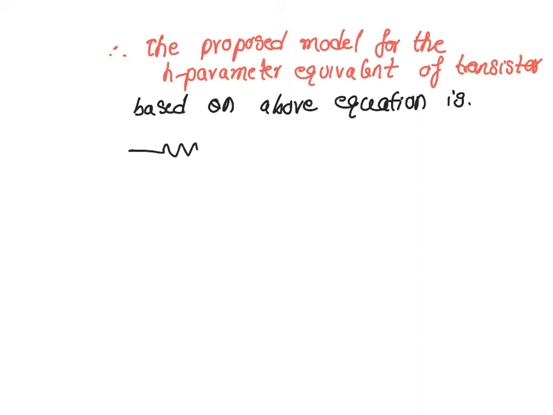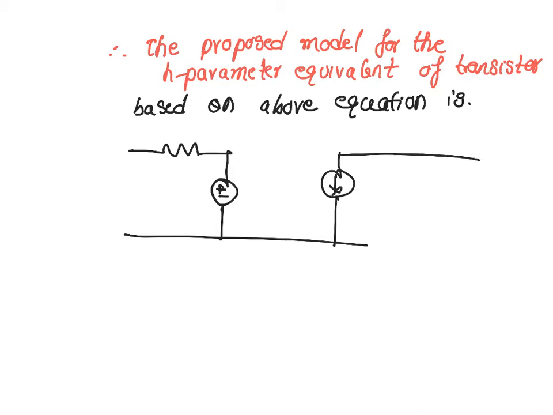Here we have HIE, which is followed by a voltage source, which is followed by a current source, and next one.